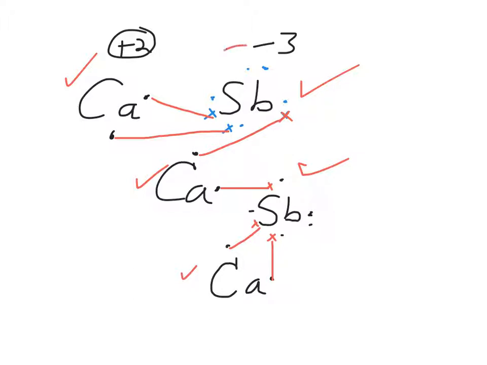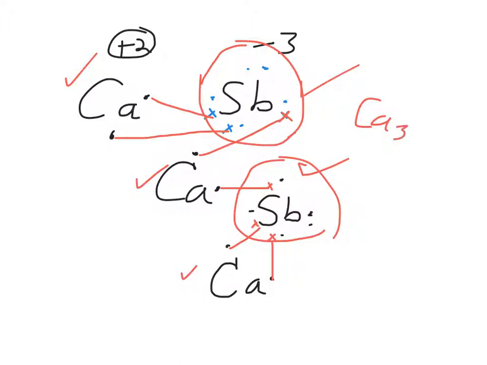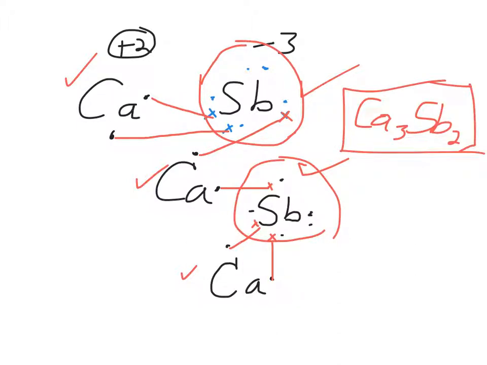Like antimony has all 8 on this one, and on this one. Okay, so now, how many calciums did it take for us to finally be stable? It took 3. So we have 3 calciums. Very good. How many antimonies do we have? 2. This is my chemical bond.